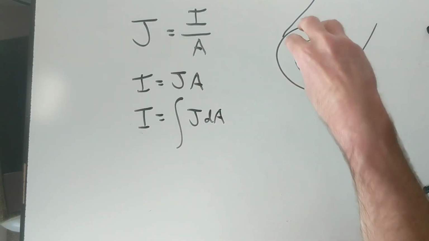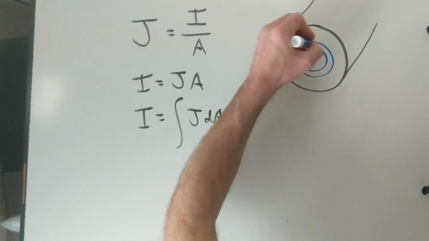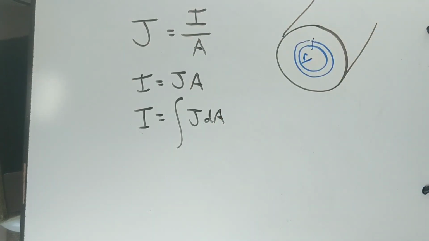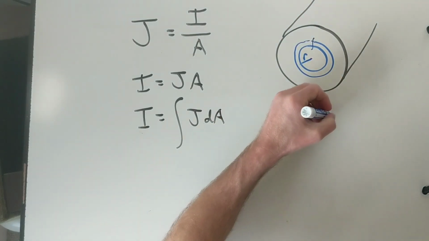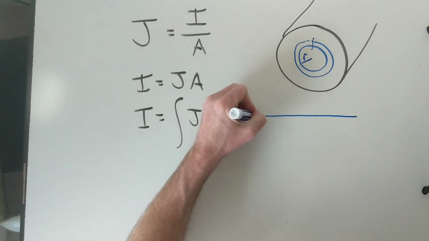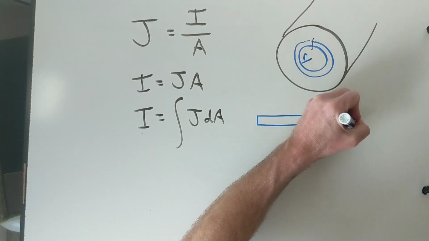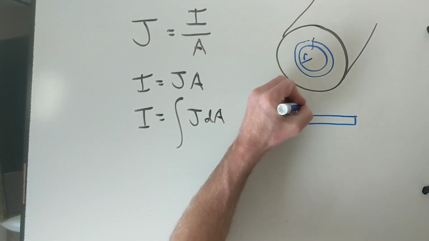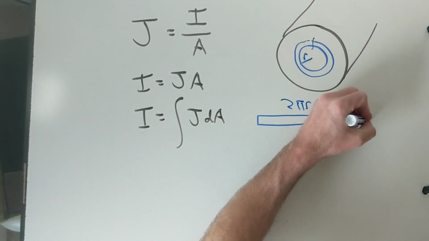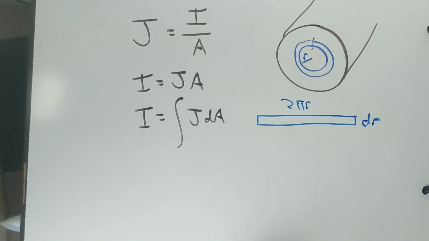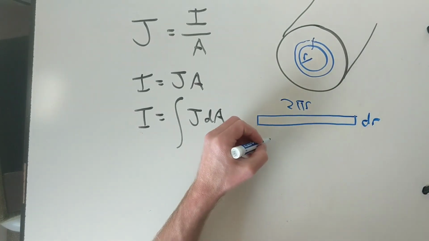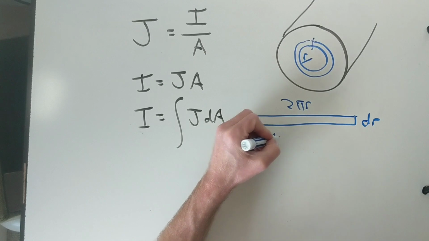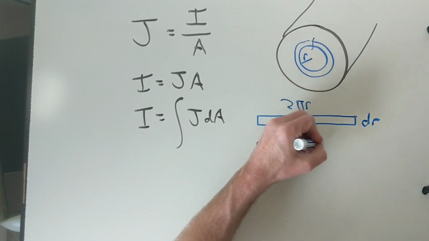You cut it right here and unfold it, and you'll unfold it into something like this. There'll be a strip that has a length 2 pi r and a thickness dr. So that means a little piece of area will be 2 pi r dr.